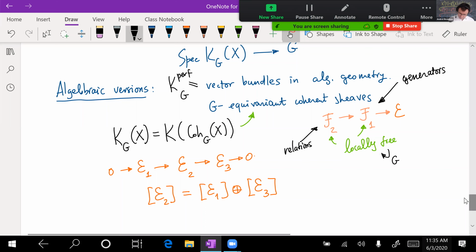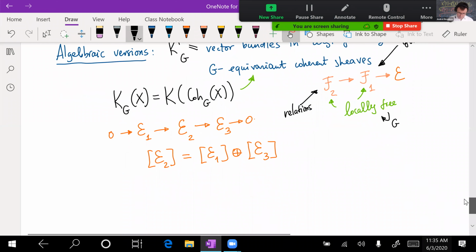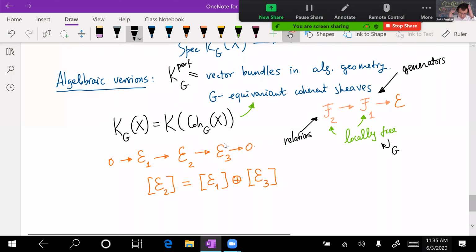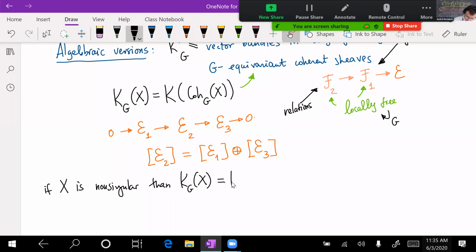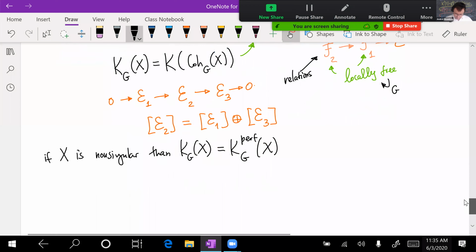A basic fact in algebraic geometry is that if X is non-singular, then the two are actually equal. It's very important. It means every coherent sheaf has a finite locally free resolution.